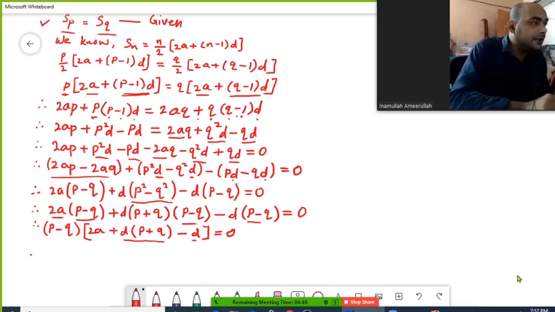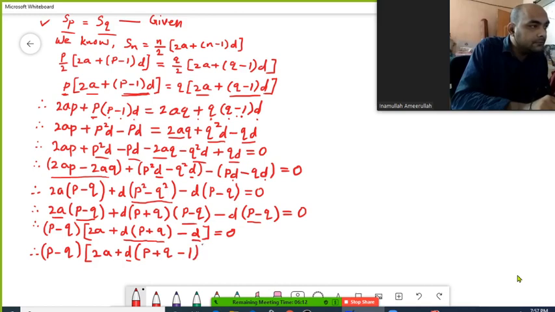So here I can take p minus q into bracket 2a plus, when you take out d as a common factor from here, you will be left with p plus q. And from here, if you take out d as a common factor, you will be left with only minus 1, is equal to 0.